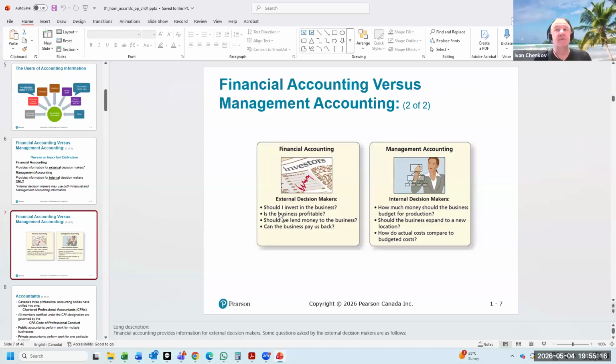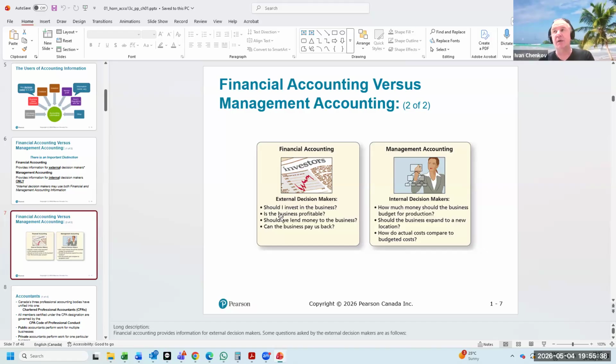Management accounting is for the internal decision maker. How much are we generating, where are we generating it from, which is the most profitable product in our company, can we produce more? If we're losing on some product, can we change its cost structure?